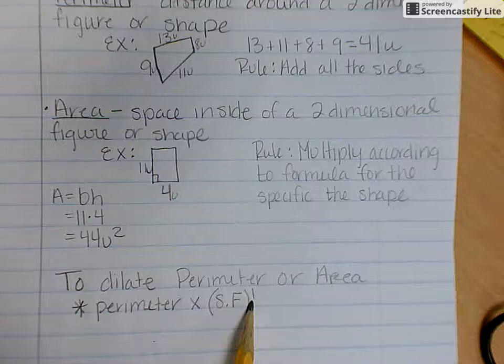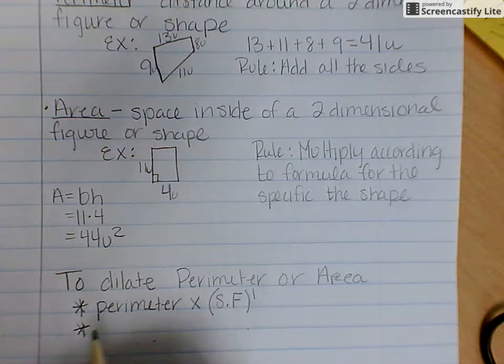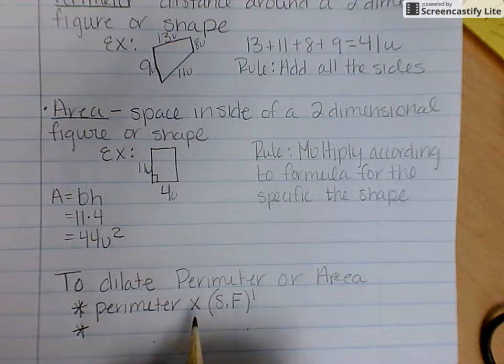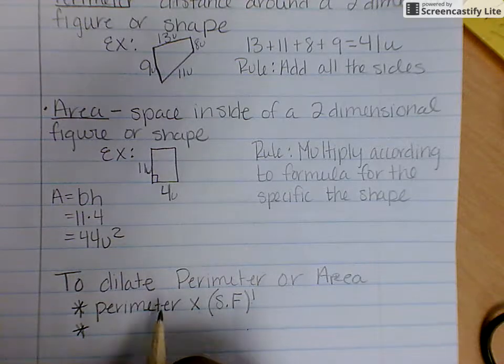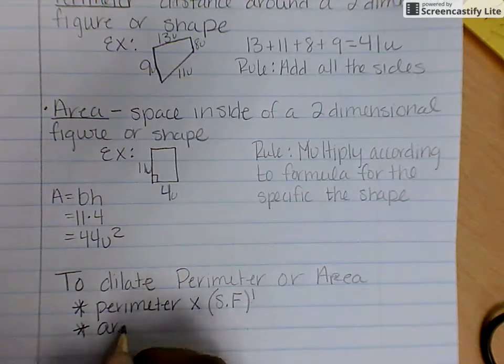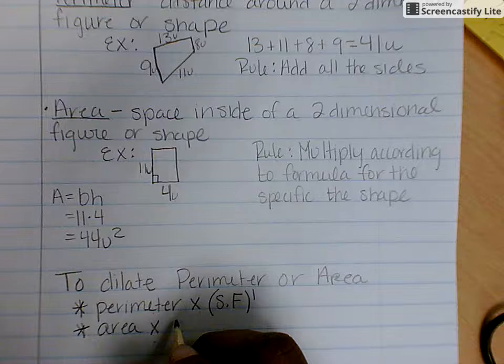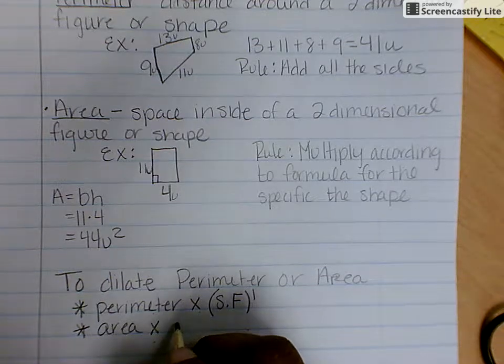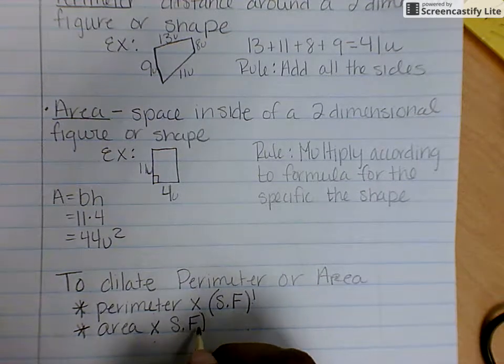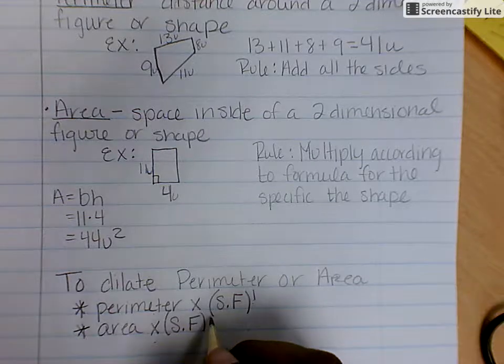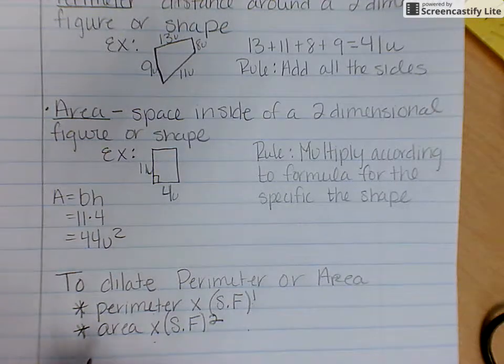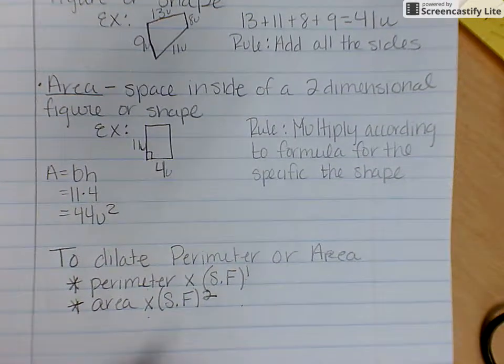Perimeter is one-dimensional, so you're going to multiply it to the first power, which is just pretty much perimeter times the scale factor. Then we have area times the scale factor. Area is two-dimensional, so we're going to square the scale factor and then multiply by that.